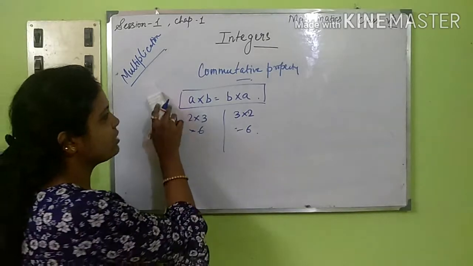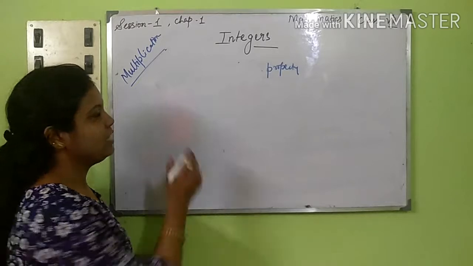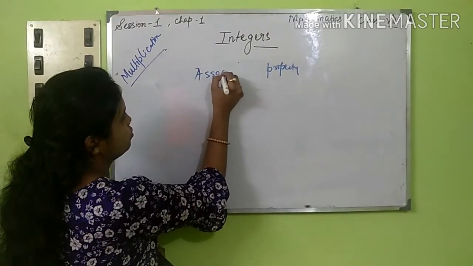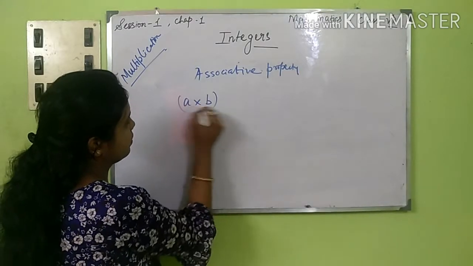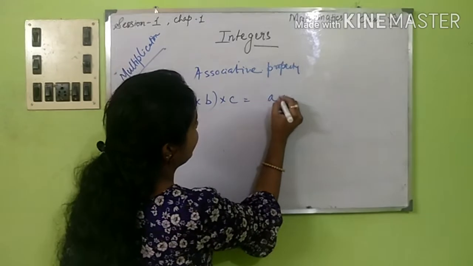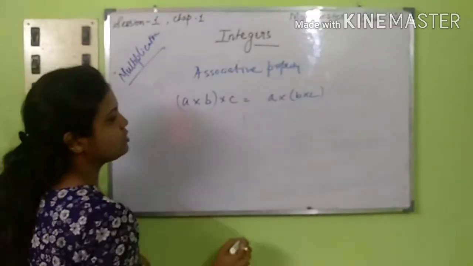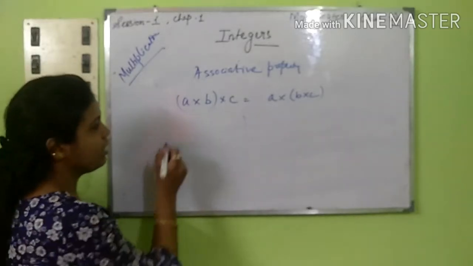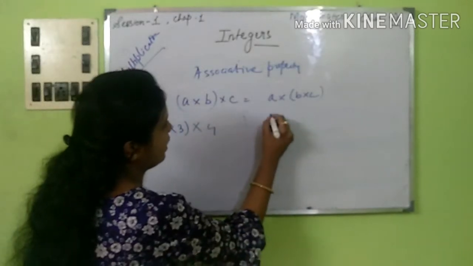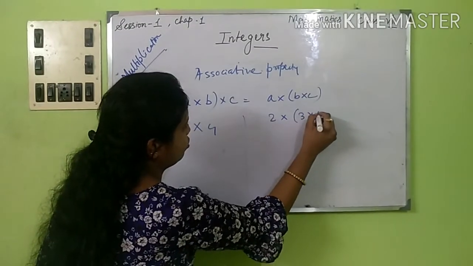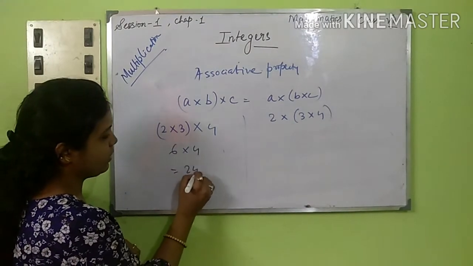Now, as you know, for associative property, we have three different integers, right? So associative property: a into b into c will give you a into b into c, with the brackets grouped differently. Let us take these two as LHS and RHS. Now for this, let's take the example 2 into 3 into 4, and here 2 into 3 into 4. Now here 2 into 3 is 6, 6 into 4 is 24.